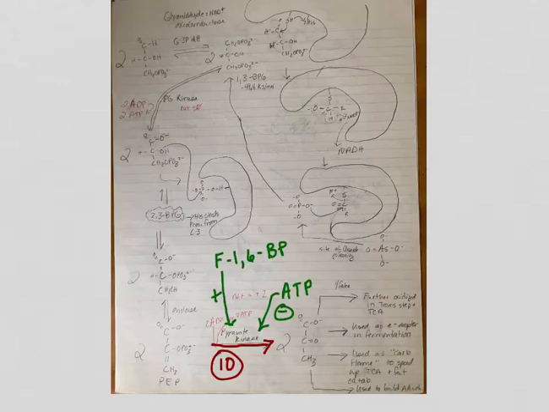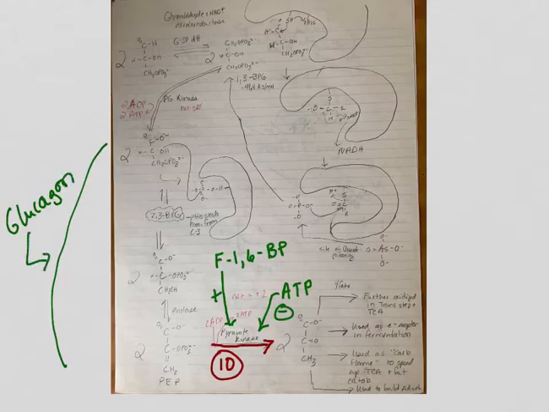So if we are way outside of our cell where glucagon is binding this liver hepatocyte, remember that it's going to trigger the adenylyl cyclase signaling cascade. So we have our receptor, we have our transducer in the form of a G protein, and remember G alpha heads on over to the adenylate cyclase enzyme.